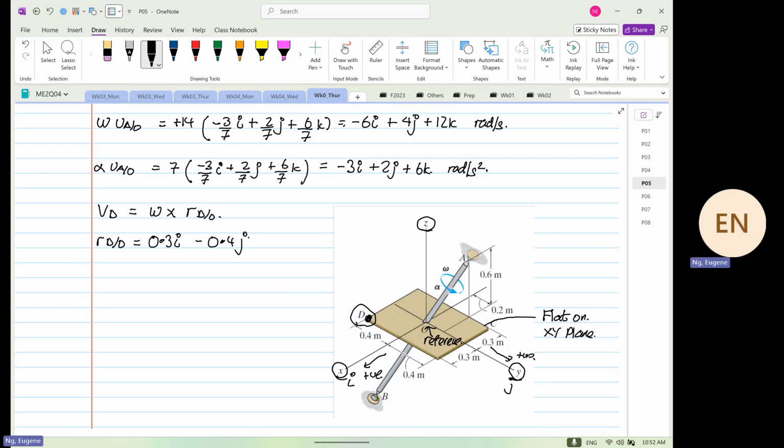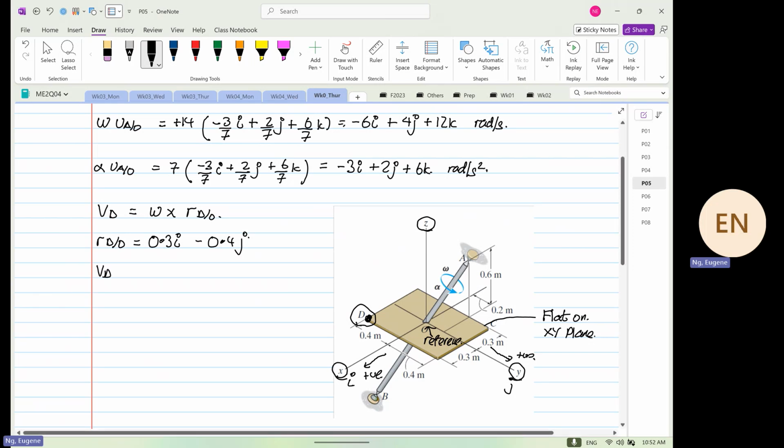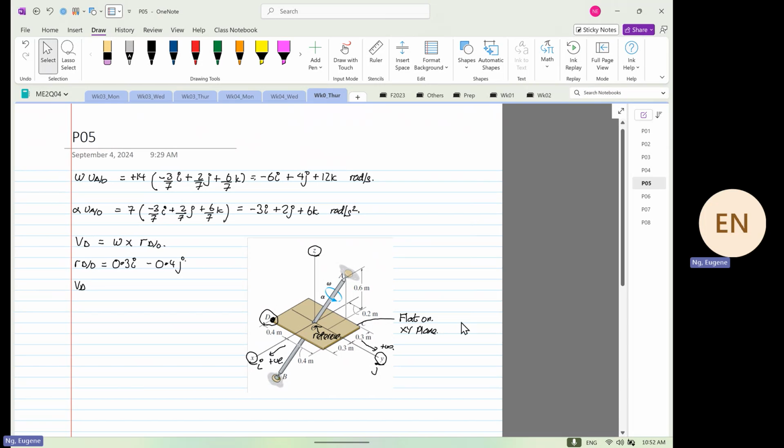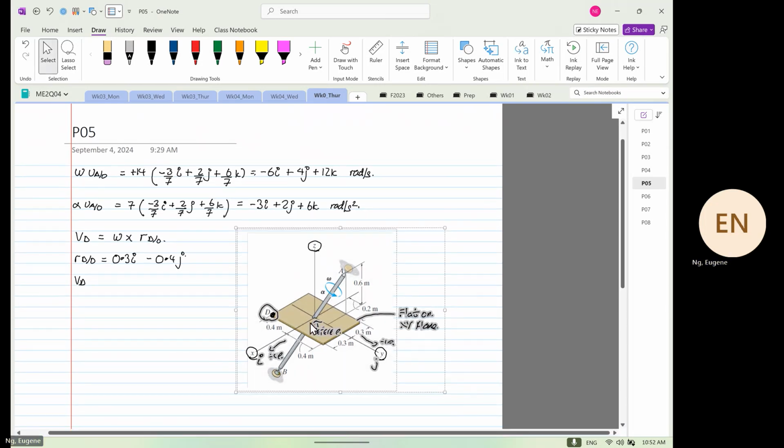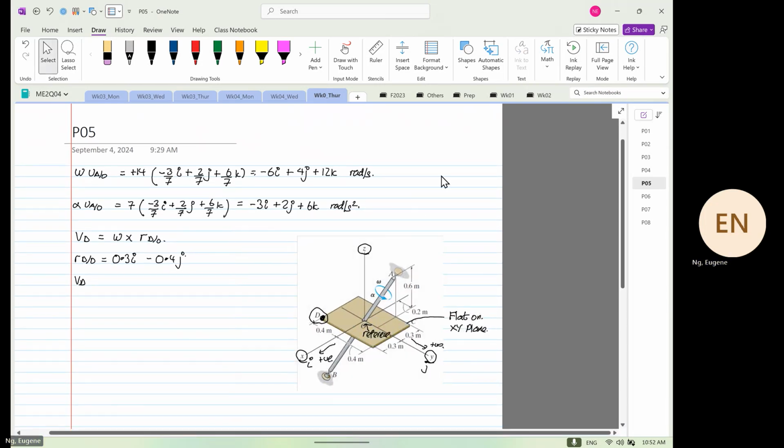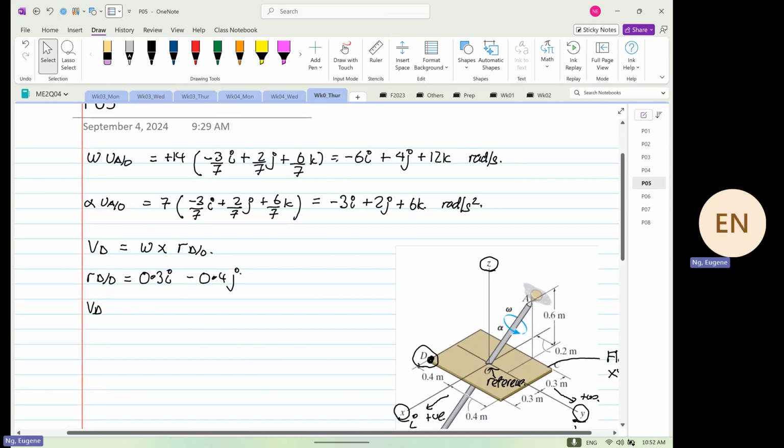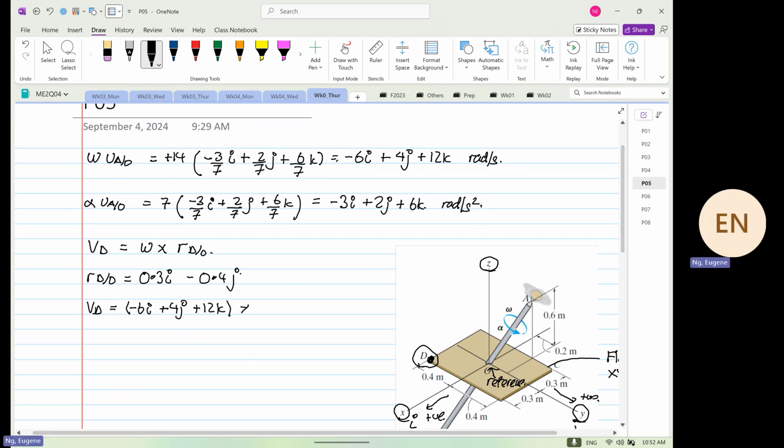Right. So from here comes the fun part. VD is equal to minus 6I plus 4J plus 12K cross 0.3I minus 0.4J.